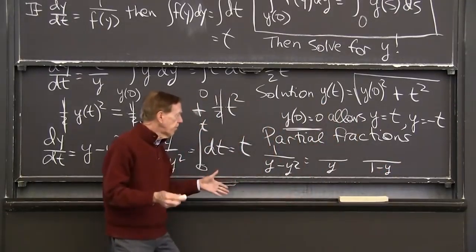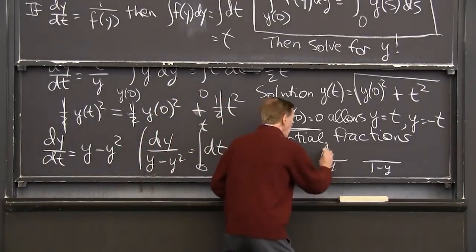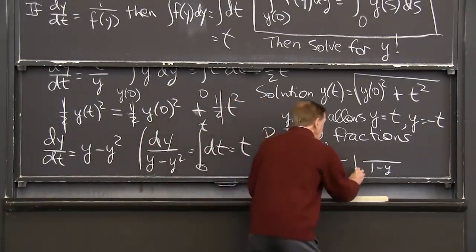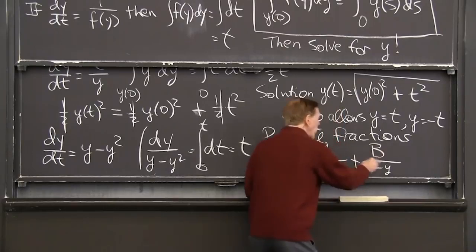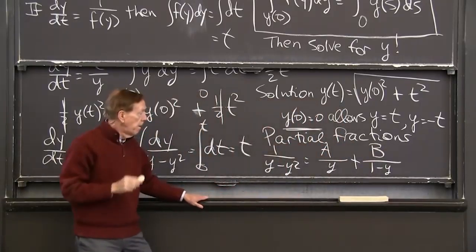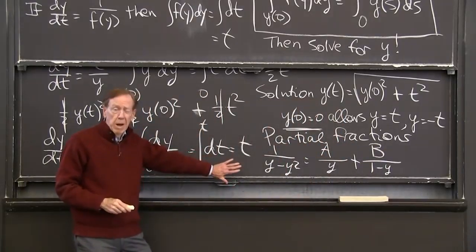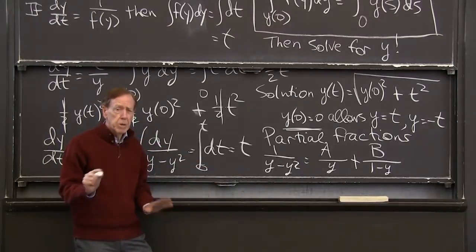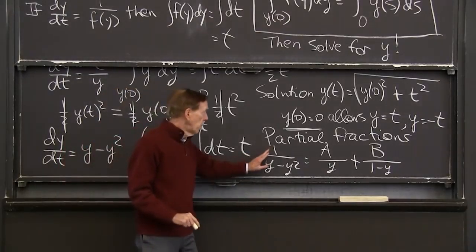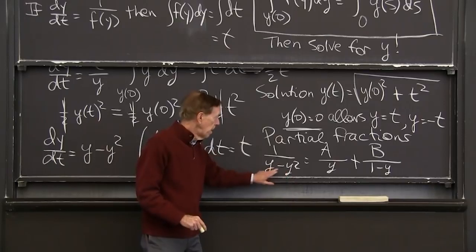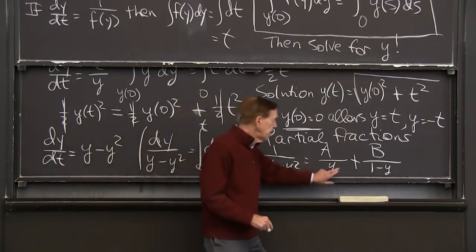And the partial fractions will be some number over the y and some other number over the 1 minus y. This is just algebra now. Partial fractions is just algebra. It's not calculus.